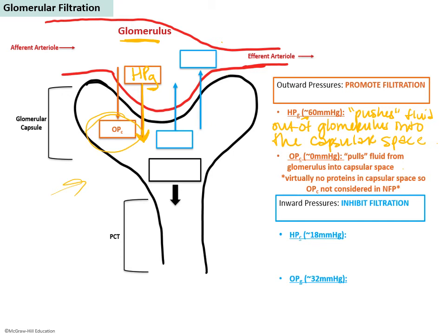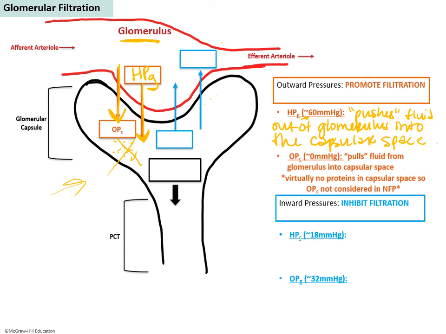I drew the box in the capsular space because that is where that pressure would exist, and it is going to pull fluid from the glomerulus into the capsular space. But remember, this would be due to the presence of proteins. That's why I'm drawing all these dots, but we shouldn't have any of those in there.